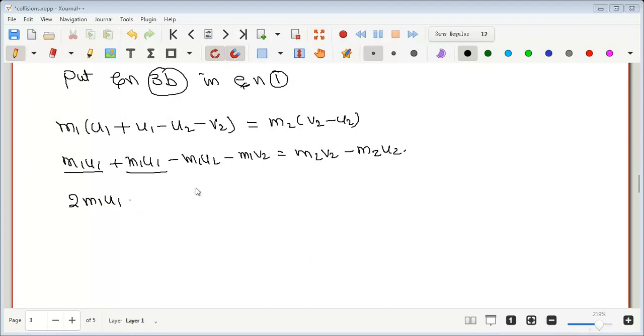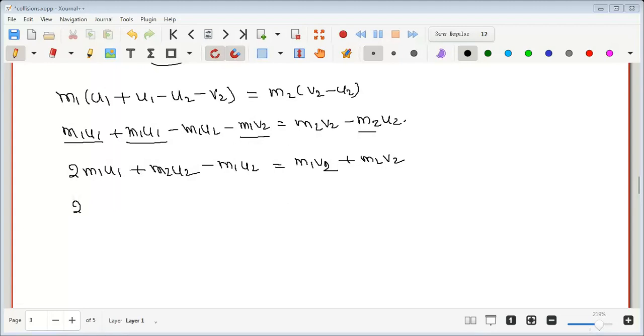Then shuffle these terms: v2 to the right side and the remaining terms to the left hand side. Write this m2 u2 on the left side, minus m1 u2 is equal to, bring it to the right side, m1 v2 plus m2 v2.